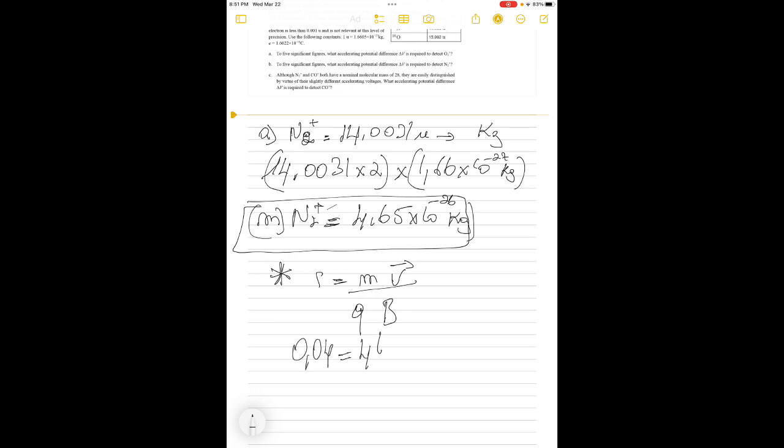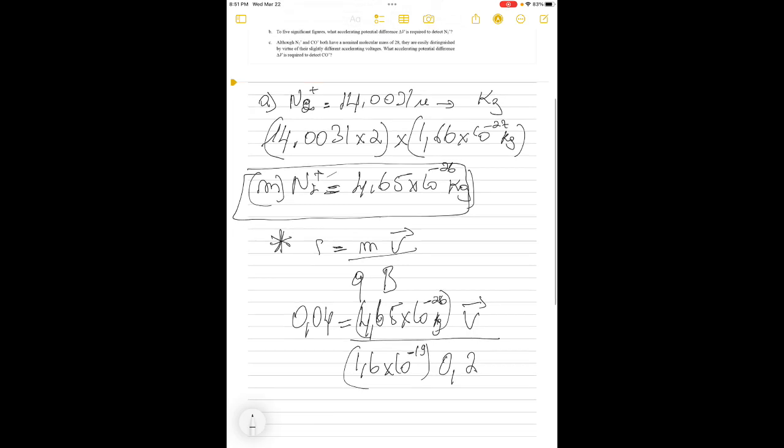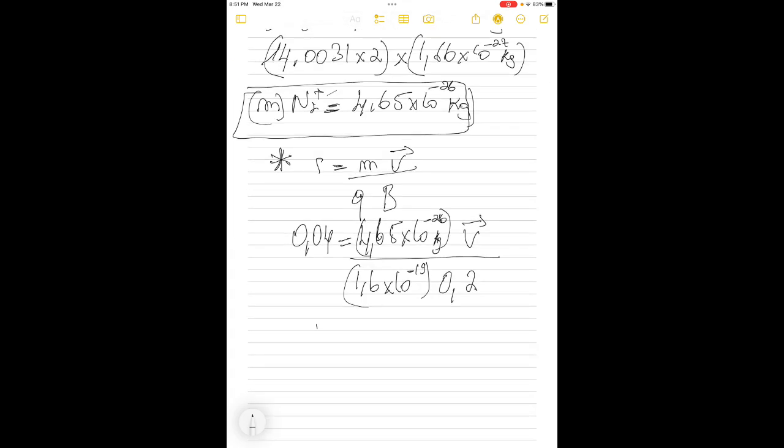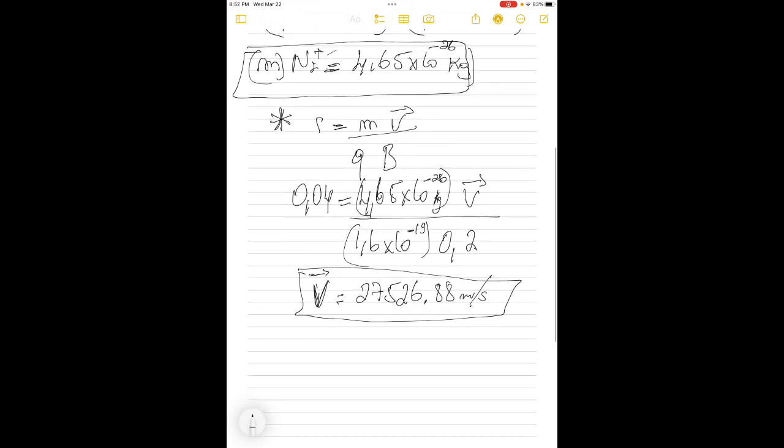The mass we just found is 4.65 times 10 to the minus 26 kilograms, multiplied by the speed, divided by the charge of a proton, 1.6 times 10 to the minus 19, and the field strength is 0.2. So the speed is equal to 27,526.88 meters per second.